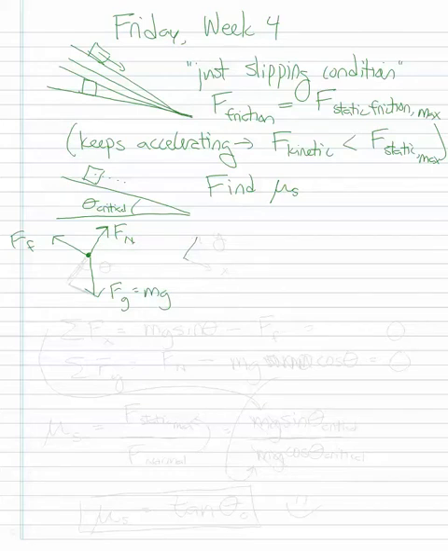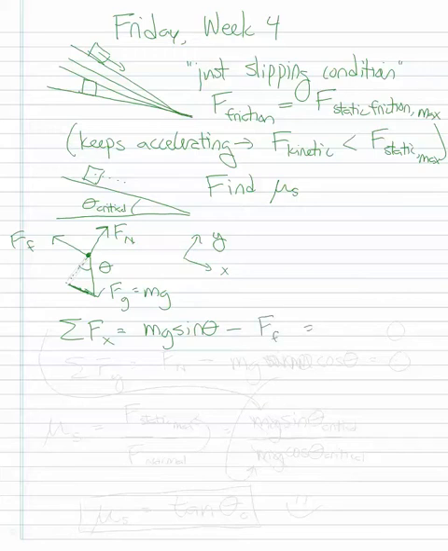I'm going to choose coordinate systems that go this way, and so that means I have to take the gravity force and separate it into components where this angle is theta. And so the sum of the forces in the x direction is equal to mg sine theta. That's this force. And in the negative direction is the force of friction.